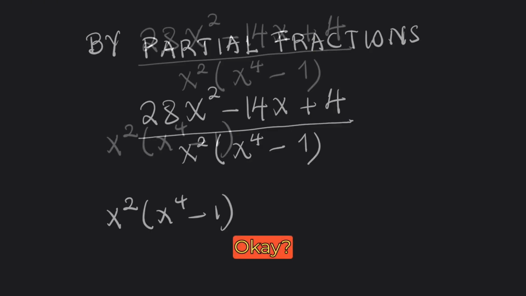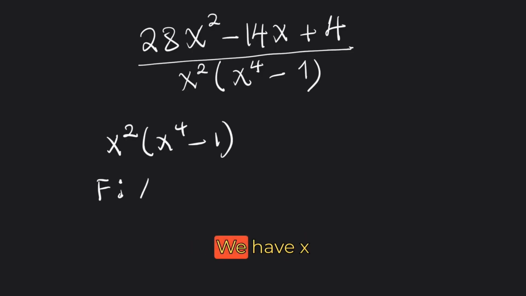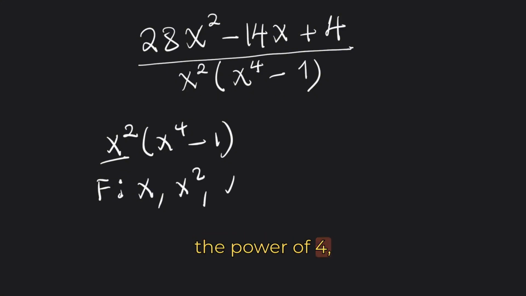Okay, so you can see here that we have x, right? So we can write this as x, then we have x squared, and then we have x to the power 4 minus 1. But now I need to work on x to the power 4 minus 1.